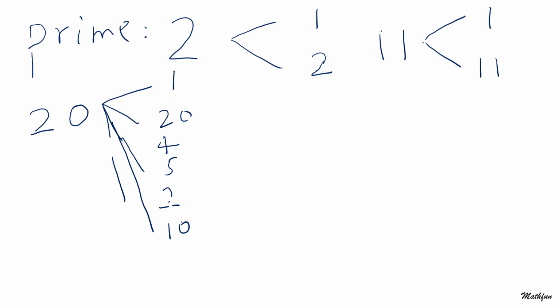Now let's look at 1. 1 obviously can be divided by 1, and 1 is itself. So some people may argue that because 1 serves as 1 and itself in the definition of prime, that's why we should not count it.